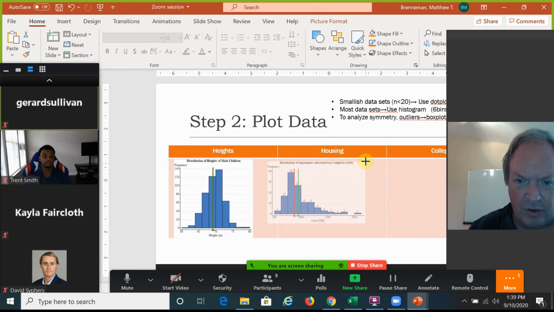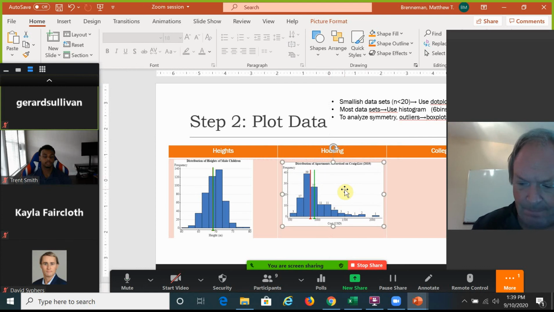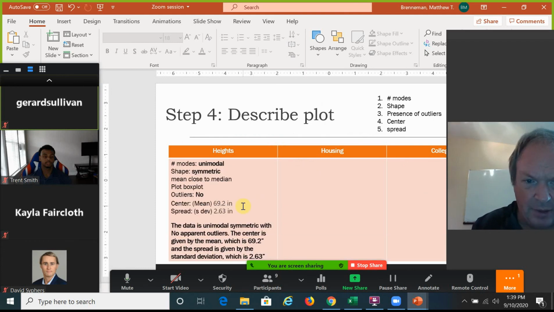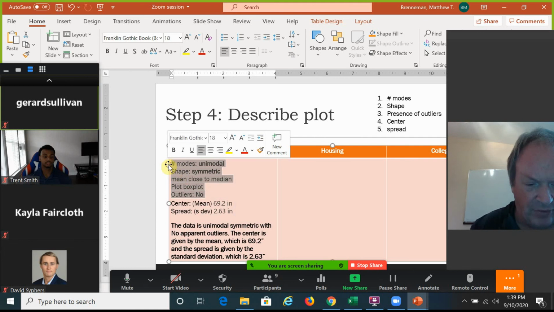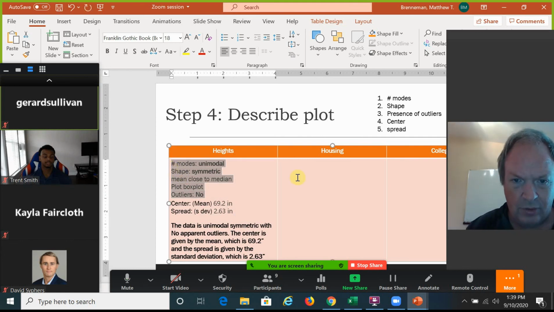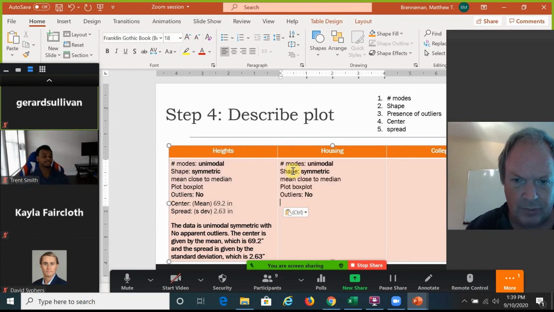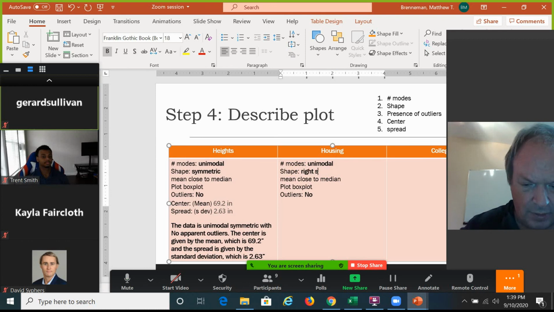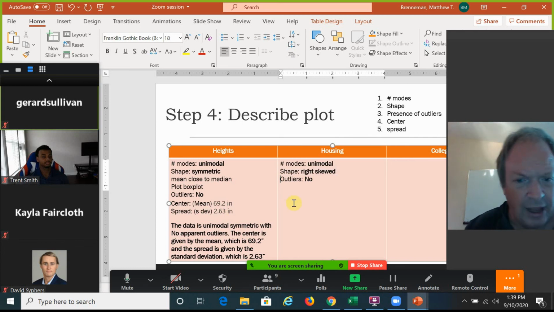And now we're ready to do our description. We'll do the center and the spread in a minute. And I'm just going to copy and paste this. So unimodal, right skewed, no apparent outliers. Okay, and we're done.